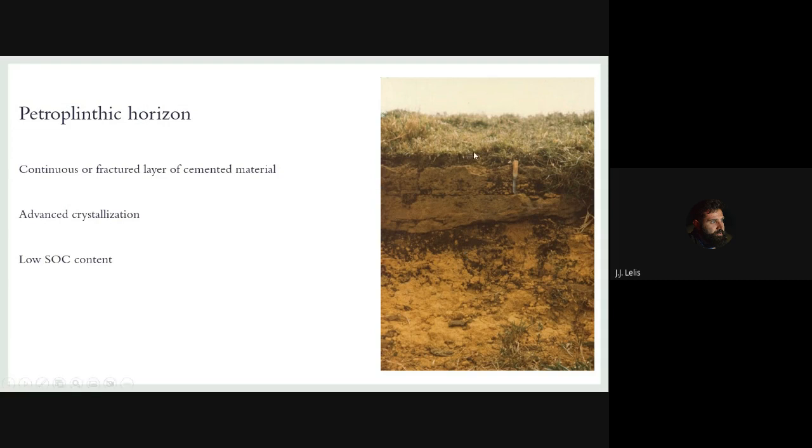In this horizon, we usually find very low soil organic carbon content because the biological activity here is very low. It's very low because we don't have a lot of voids. So we don't have a lot of animals and roots increasing the organic carbon content here.